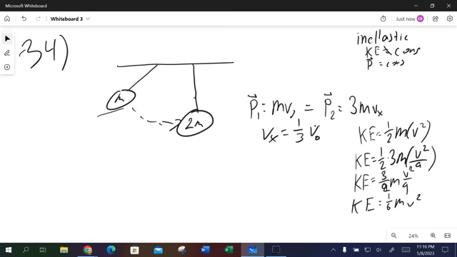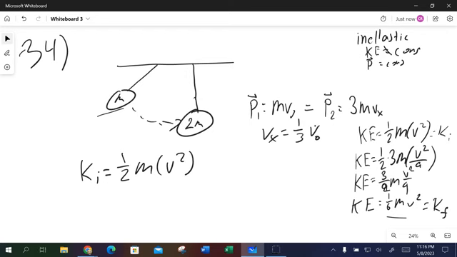So now we just need to find the change with respect to Ki. This is equal to Kf, so they're different ratios. So Ki, I'm going to rewrite that here, 1/2 m v squared.